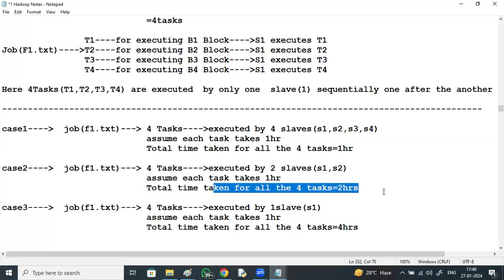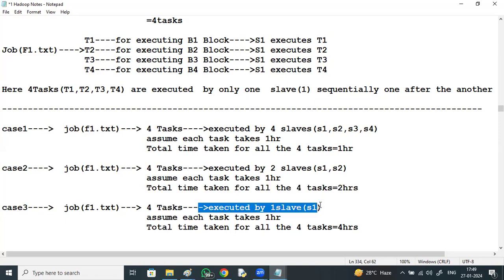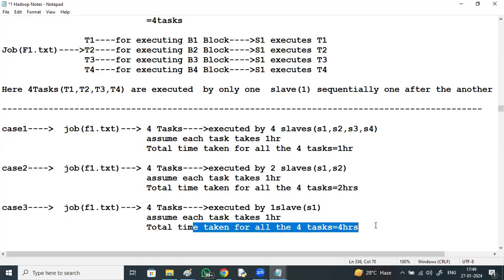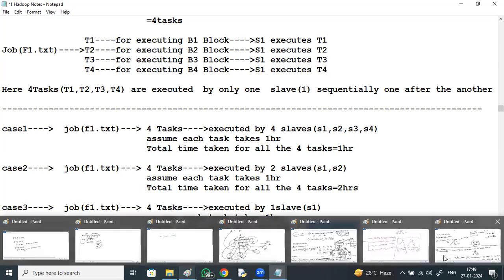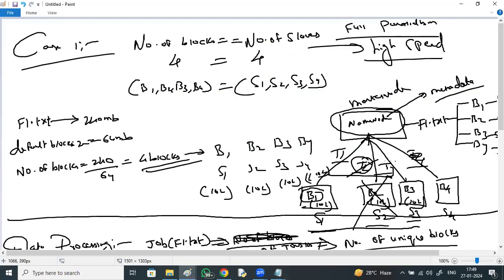First S1, S2 execute 2 tasks, then again S1, S2 execute the other 2 tasks. In case 3, with only 1 slave, it takes 4 hours. Just now I was saying that if any system suddenly goes down, you can see data loss and task failure, which means the job also fails.